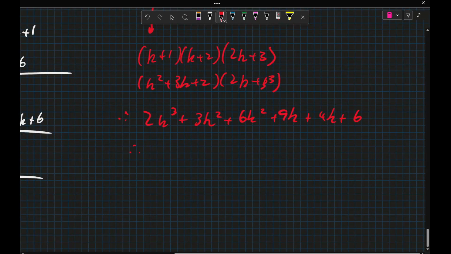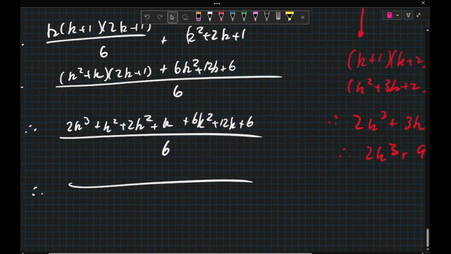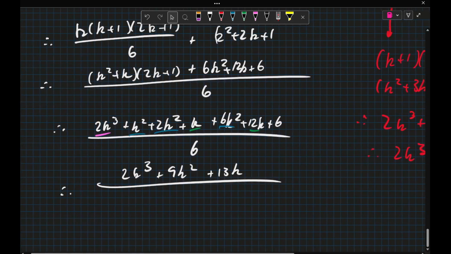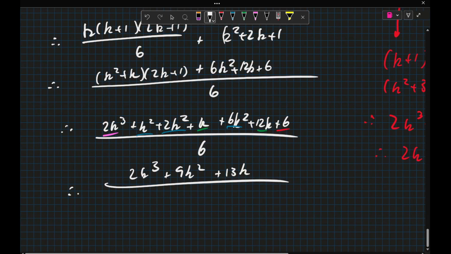Now if we simplify this, we get 2k cubed plus 9k squared plus 13k plus 6. So that's what we're looking for. We have 2k cubed. Now we have a 6k squared, a 2k squared, and a k squared, so 6, 8, 9, so it's going to be plus 9k squared. Then we have a k plus 12k, which gives 13k. And then the plus 6 left on its own, so plus 6 over 6.